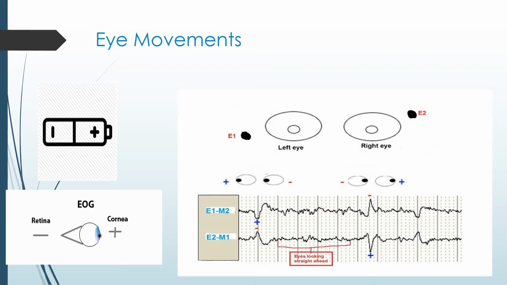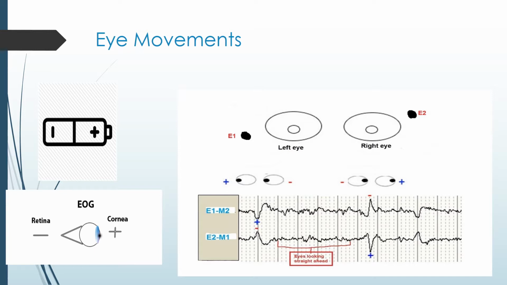So you see the retina is negative in the picture below, and the cornea is positive. So when we record the eye movements, also known as the EOG, on a polysomnogram, if the eyes are open and looking straight ahead, the EOG channel recording is a fairly straight line. There's some bumps in it, but it's fairly straight.